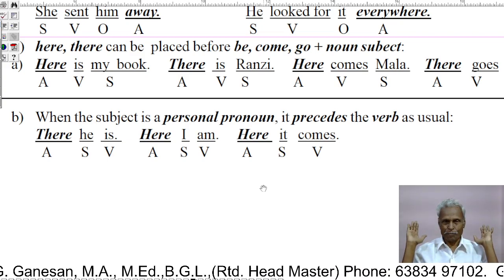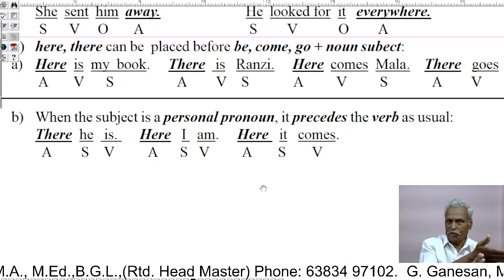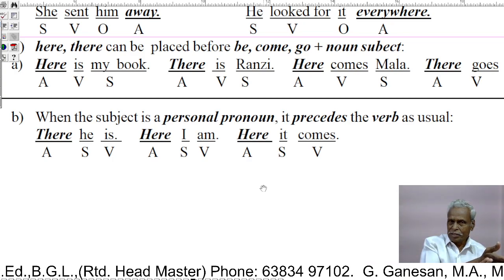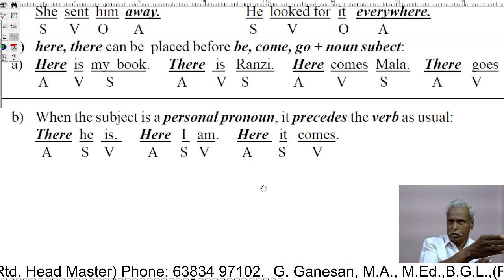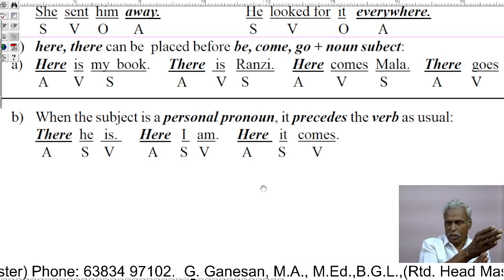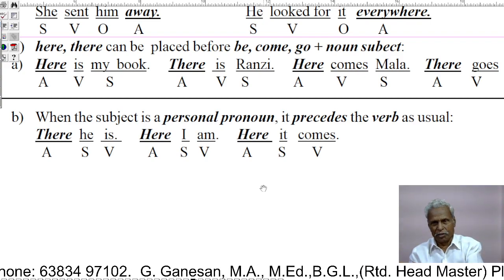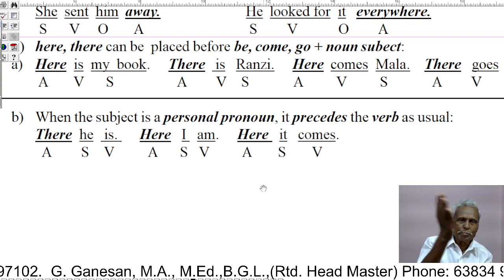This is the case when here and there are used in the first position as an adjunct. When the subject is a noun, it comes after the verb. When the subject is a pronoun, it comes before the verb.